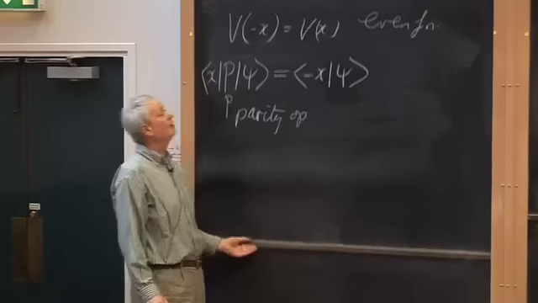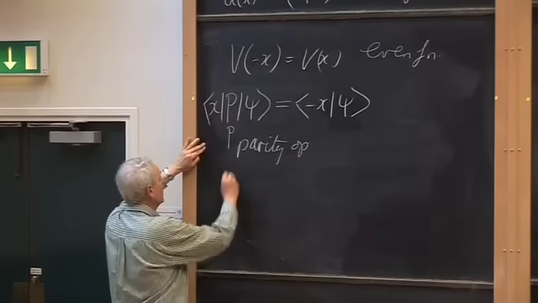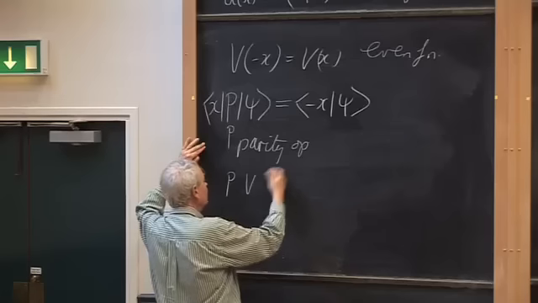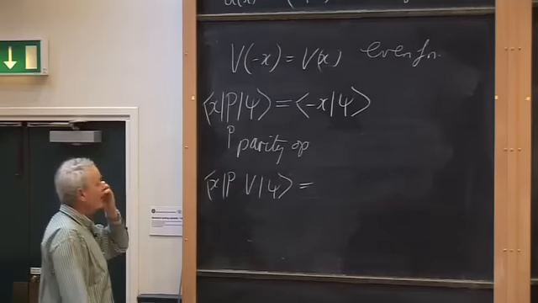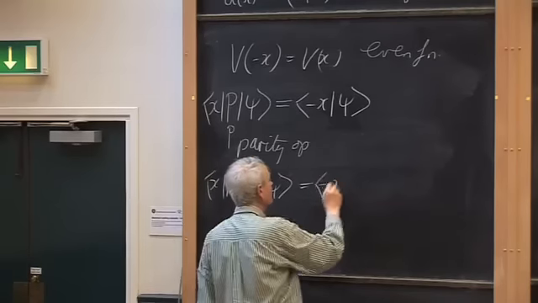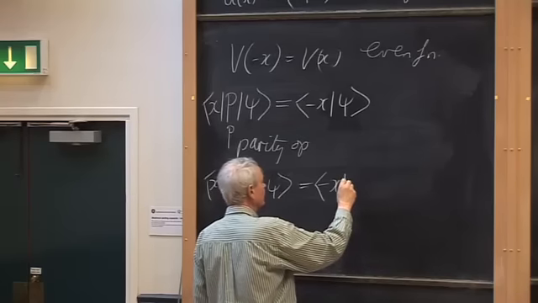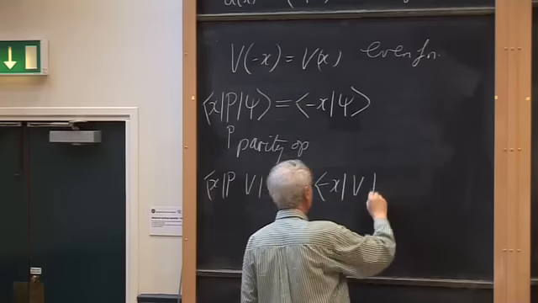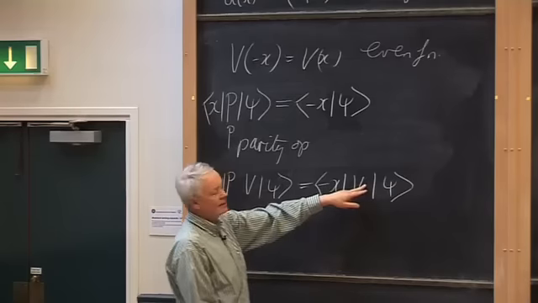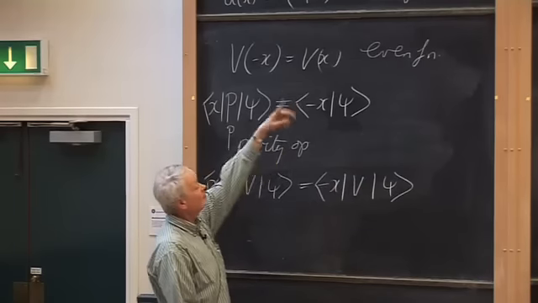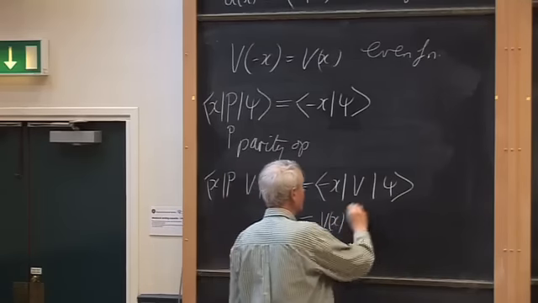We discussed this operator. And because V is an even function of x, we have that PV psi is going to be equal to minus x V psi, which, because V is a function of position, a function of the position operator, is going to be V of x at psi.